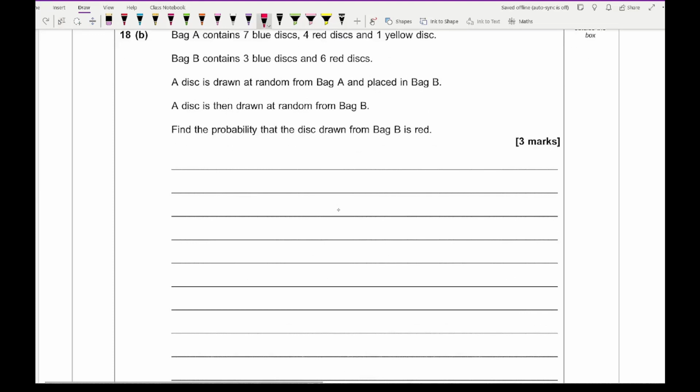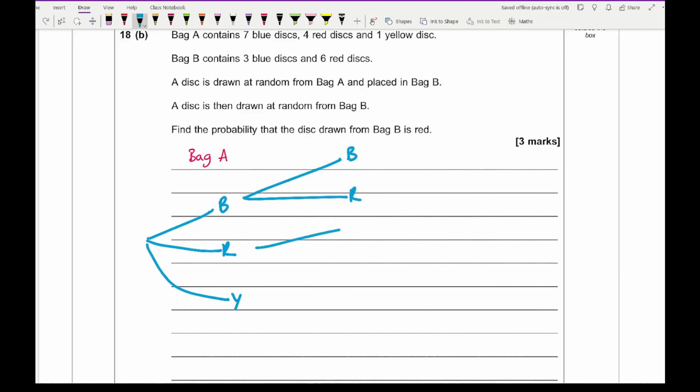Now for this, probably maybe best to draw a tree diagram. So we've got 3 possible options in which I've got blue, I've got red, and I've got yellow. Now from this, I could either select a blue and a red, a blue and a red, and a blue and a red.